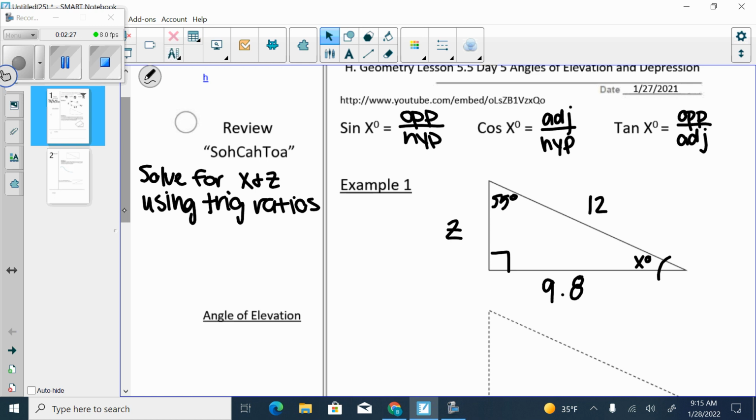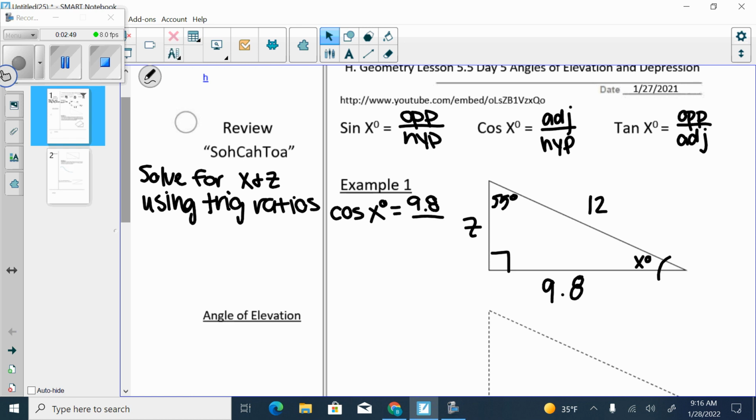All right, adjacent and hypotenuse. So what ratio am I going to have to use? Cosine, right? That's the only one that uses those two sides. So, to find x, we'll have cosine of x degrees is equal to adjacent. What's our adjacent? Good.